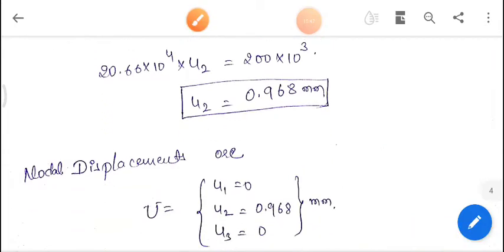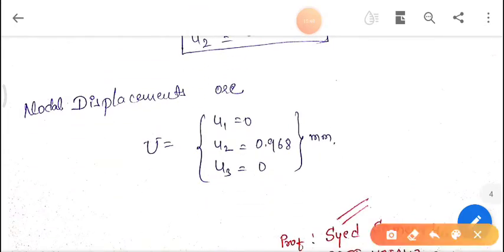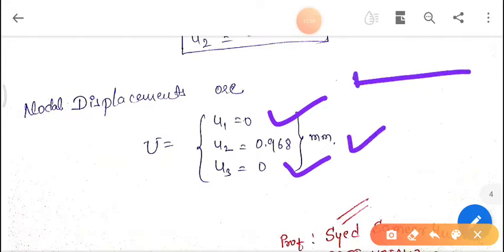That is what we needed to find. At the end, we can write the nodal displacements. u1 is 0 since it is fixed, u3 is 0 since it is fixed, and u2 we have found out. These are our displacements at node 1, node 2, and node 3.